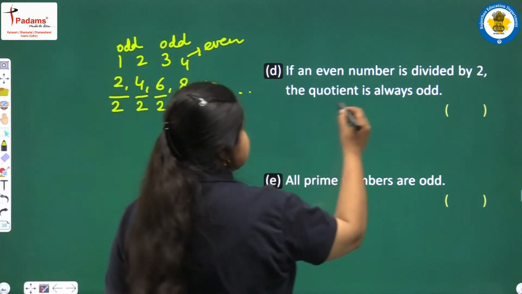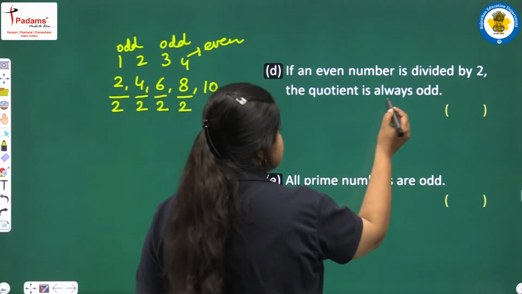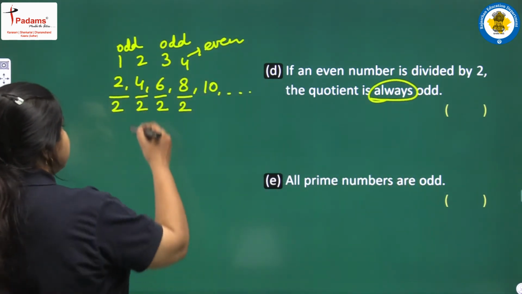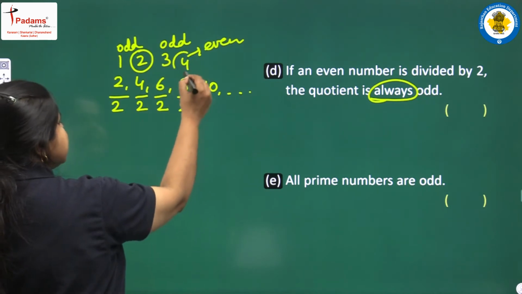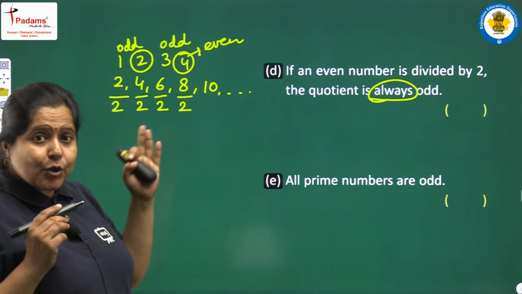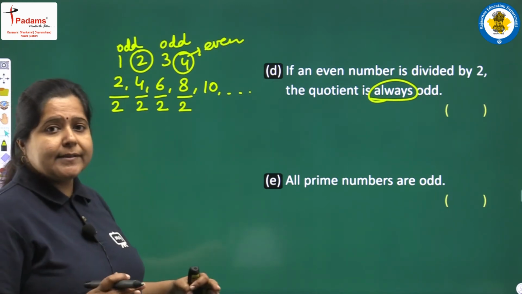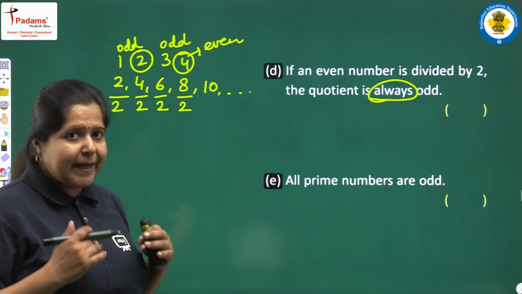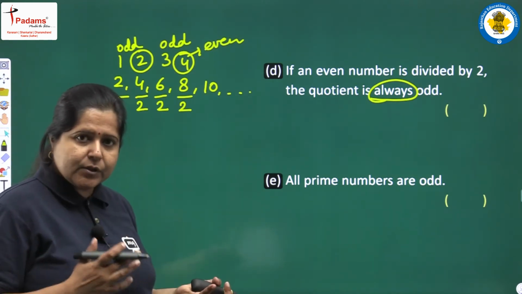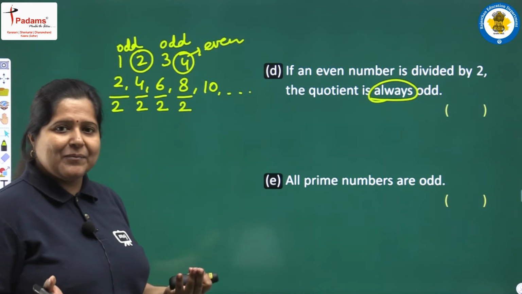So what do we see? If an even number is divided by 2, the quotient is not always odd. It can be even also. Here you can see this is even, this is even. These two are odd, but these two are even also. So we cannot say that always when we divide an even number by 2, we will get an odd number. We can get an odd number, and we may get an even number also.